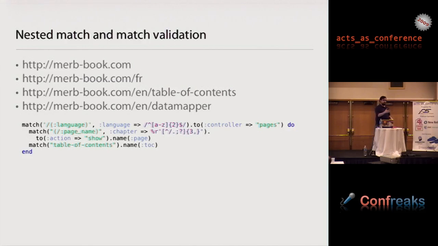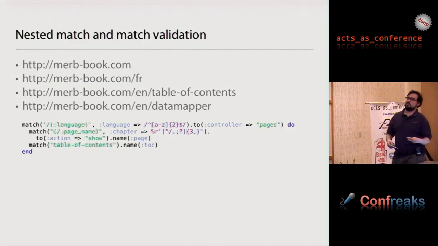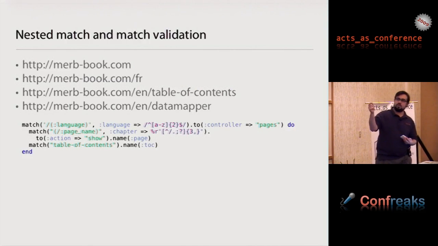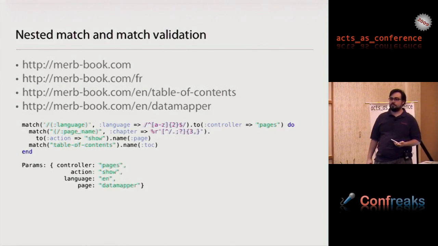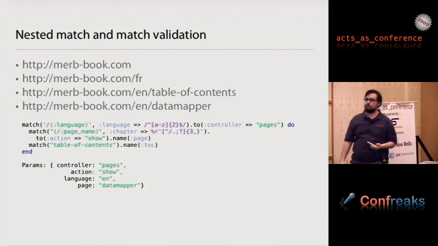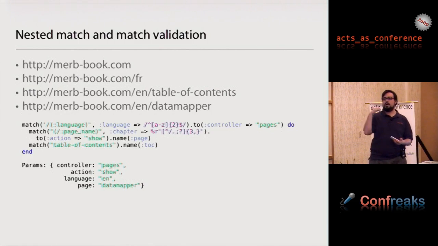And so it's sort of like with_options in Rails, except you can do it multiple times. And you can do it for any part of the DSL. So you can say to controller do, and then put your nested stuff inside. And what comes out of this URL, so I guess merb/book/en/datamapper, is controller pages, action show, language en, page datamapper.